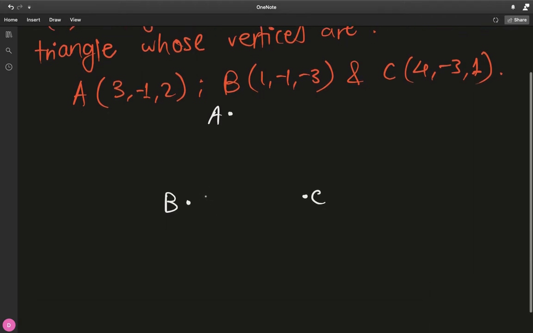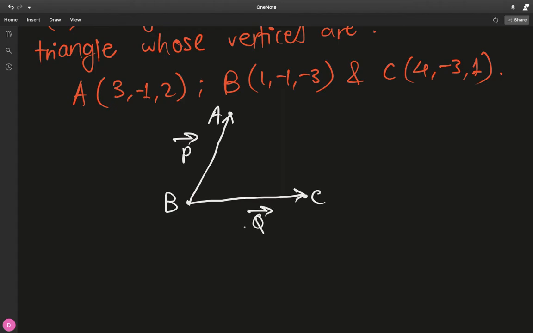So keeping B as our point of reference, we want a vector that originates from B and terminates at A. Call that vector P bar. And then we want another vector starting from B ending at C. Call that vector Q bar. And we can actually calculate what P bar and Q bar will be.